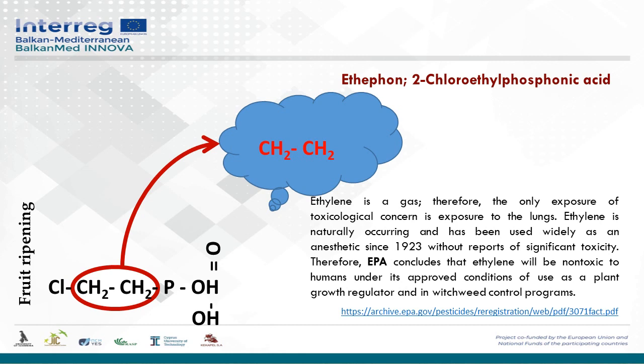Still, it is not advisable to use ethylene on the plants in a greenhouse, because it has some negative effects on the plant's life, and it negatively affects the length of life of the leaves.